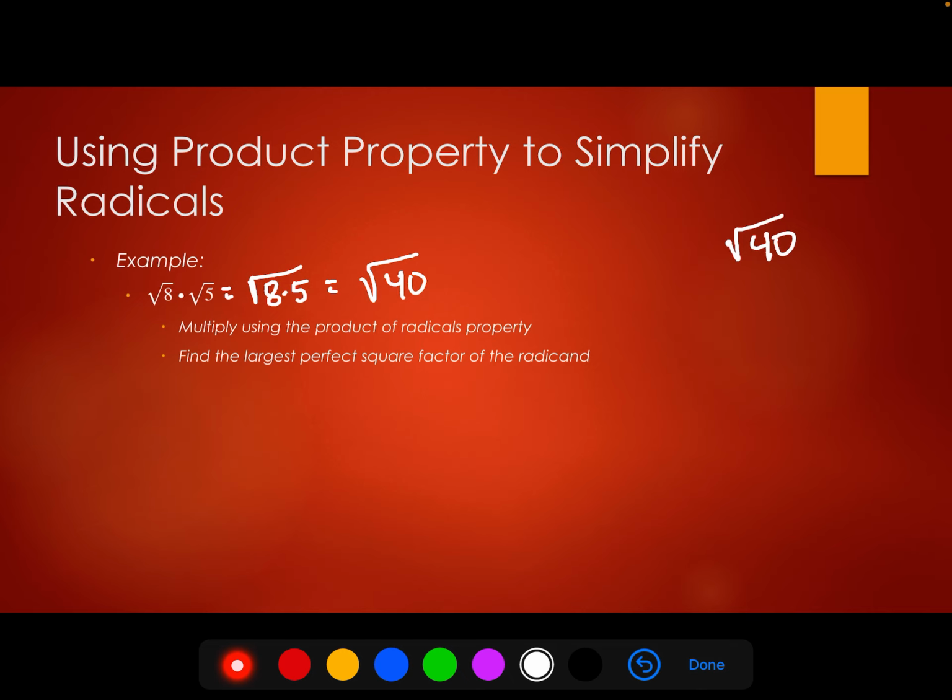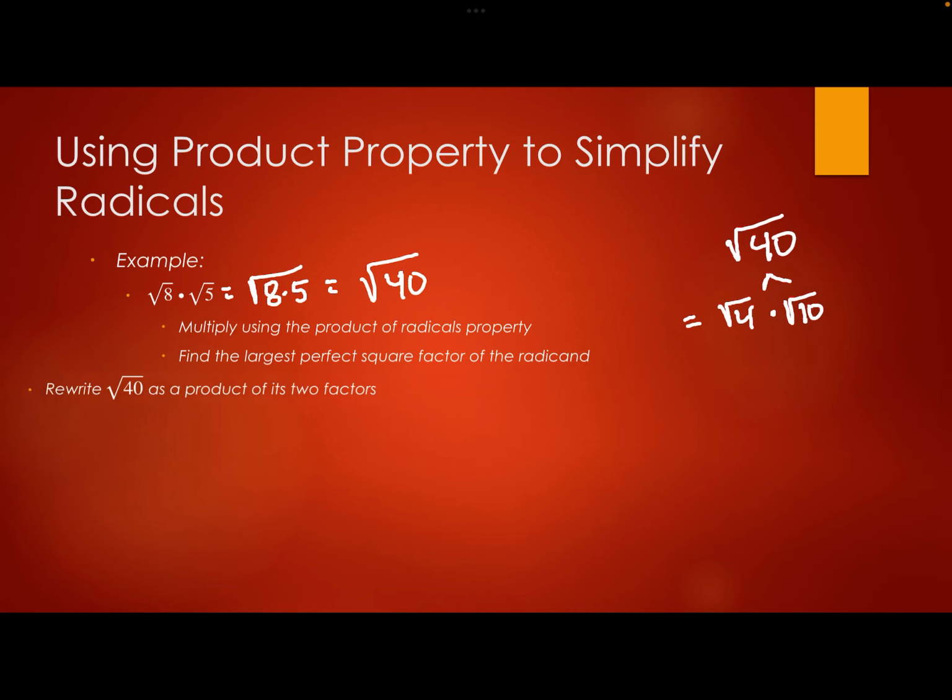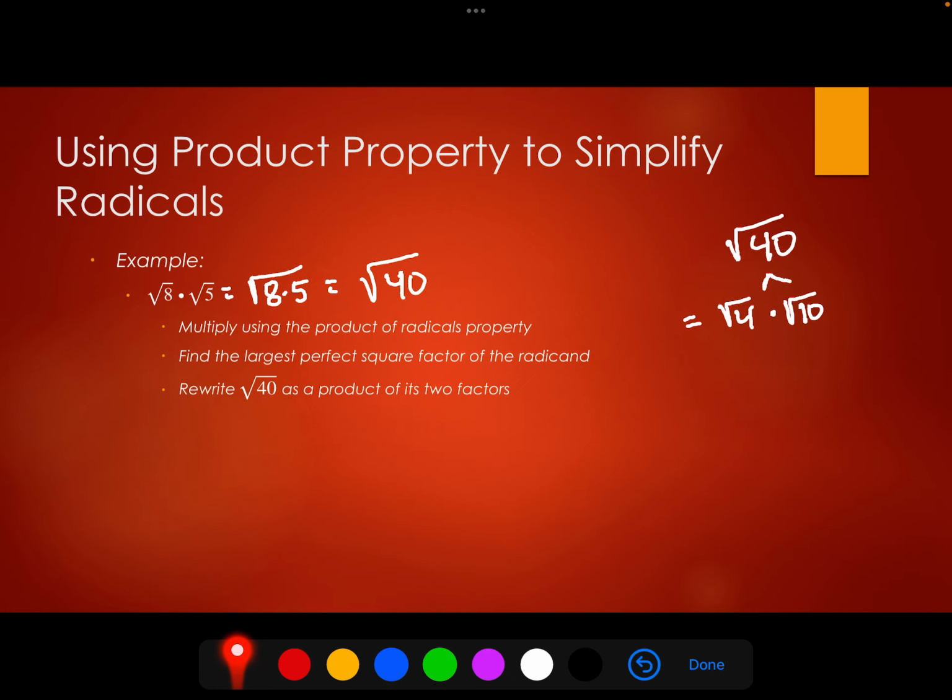So we can rewrite the square root of 40 as the square root of 4 times the square root of 10, right? These two are equivalent to each other. So we did this step, rewrite the square root of 40 as a product of its two factors. That's what we did right here.